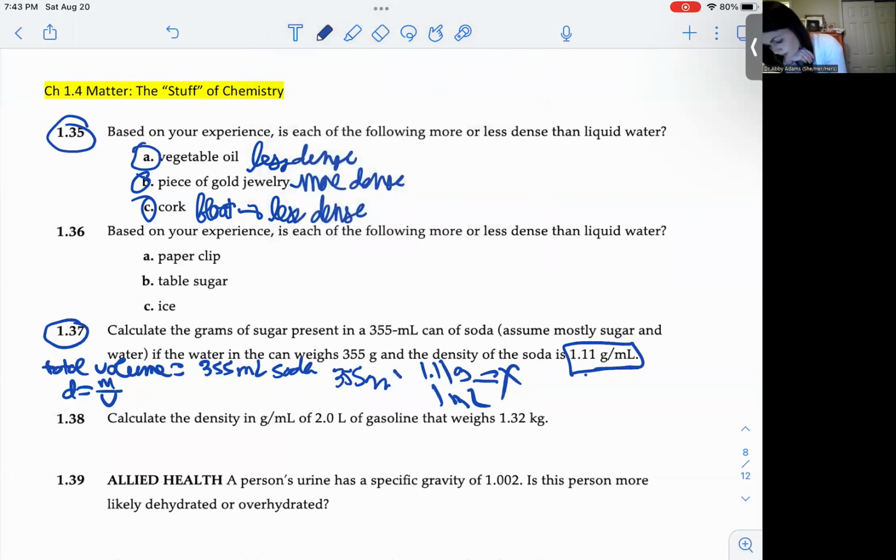All right, 355 mL times, I said times, I don't know why I wrote an equal sign, 1.11 grams over 1 mL. So you see what you were given: you have this 355 mL can of soda, and you have the density of the soda. And so now we're just going to solve for x. So 355 times 1.11 grams, and get your answer. And how many significant figures are we going to use? Your answer is 394 grams of soda.